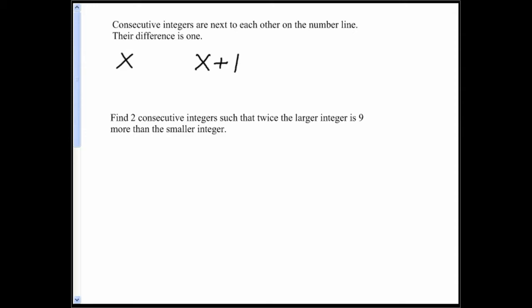So if x is the smaller, or the first integer, then x plus 1 would be the larger integer. Or we could say x is the first integer, and x plus 1 would be the second integer.